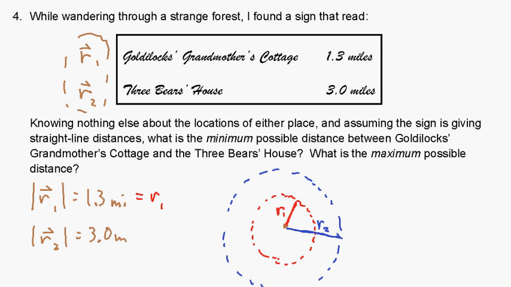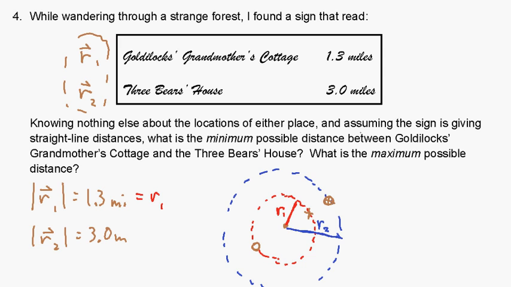I think what you'll see is that the minimum distance would be when they are as close as they can be on the circles. And the maximum distance would be when, say, this is where the Three Bears house is, and Goldilocks' grandmother's cottage is clear on the other side.